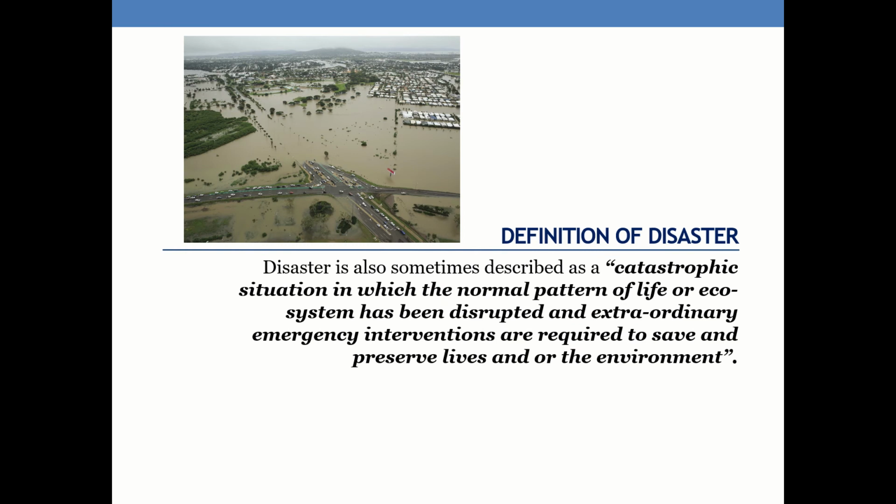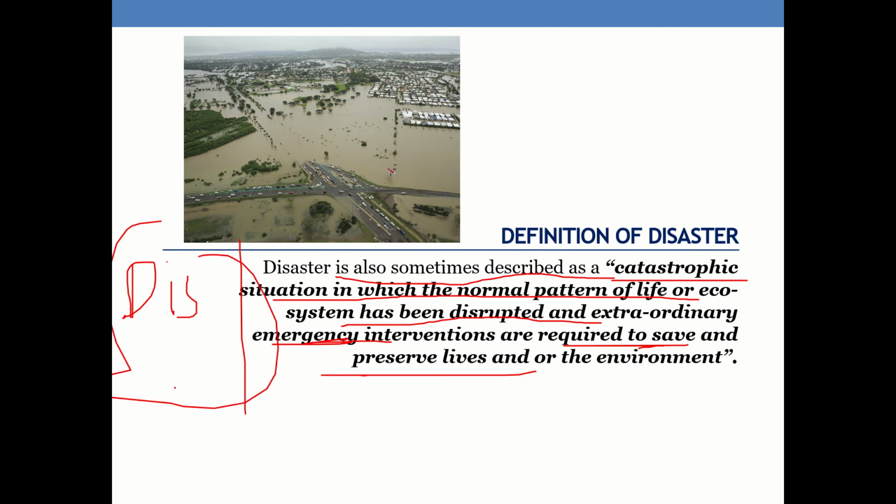Looking at other definitions, disaster is sometimes described as a catastrophic situation in which the normal pattern of life or ecosystem has been disturbed and extraordinary emergency interventions are required to save and preserve lives and the environment. What we are discussing here is that disaster is something which we cannot cope with; a society cannot manage on its own.